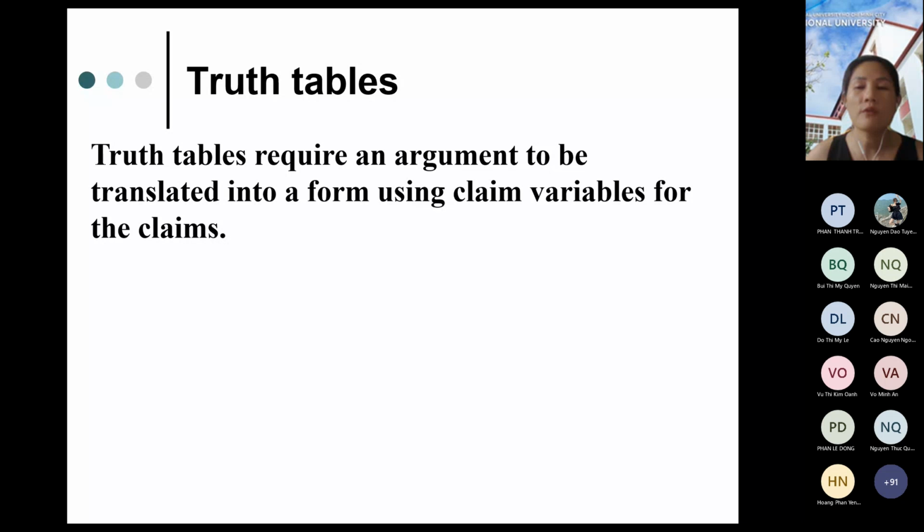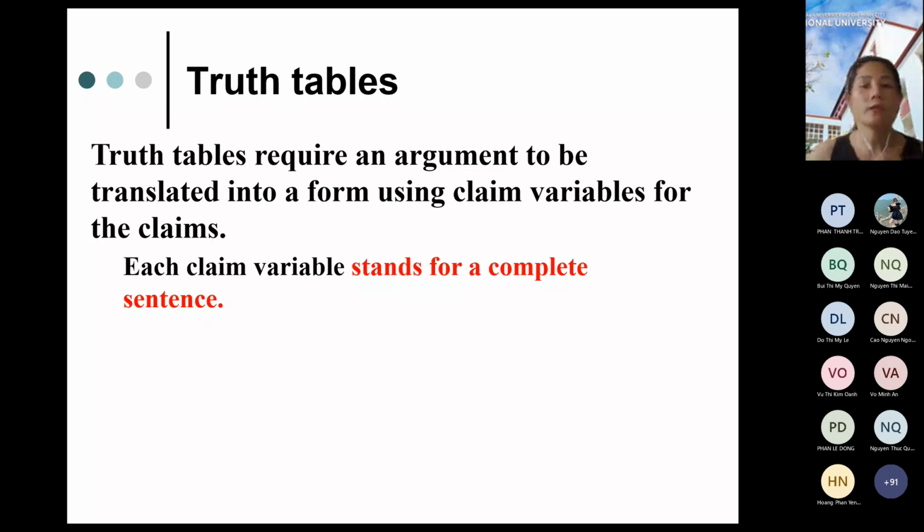So we will convert our argument into the variables, and in order to do so, we need to name the variables. When we convert the arguments into the variable forms, we need to remember that each variable stands for a complete sentence or statement.